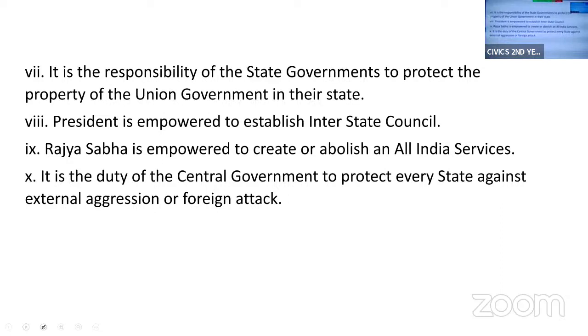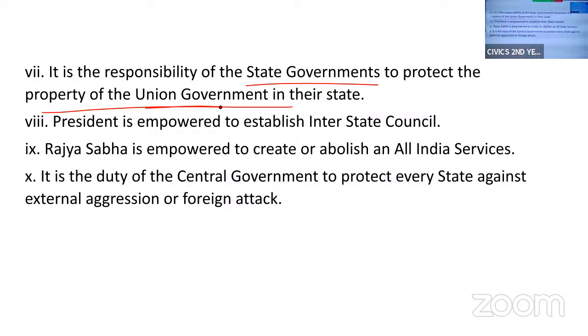Let us discuss some more. It is the responsibility of the state governments to protect the property of the union government in the state. Whatever union government departments are functioning in the state, the protection of those departments or property of the union government is given to the state government.